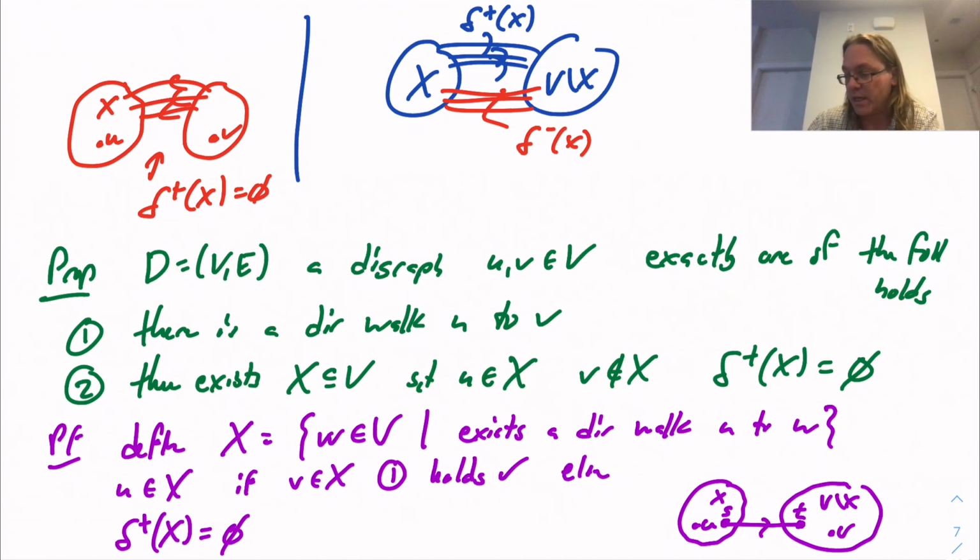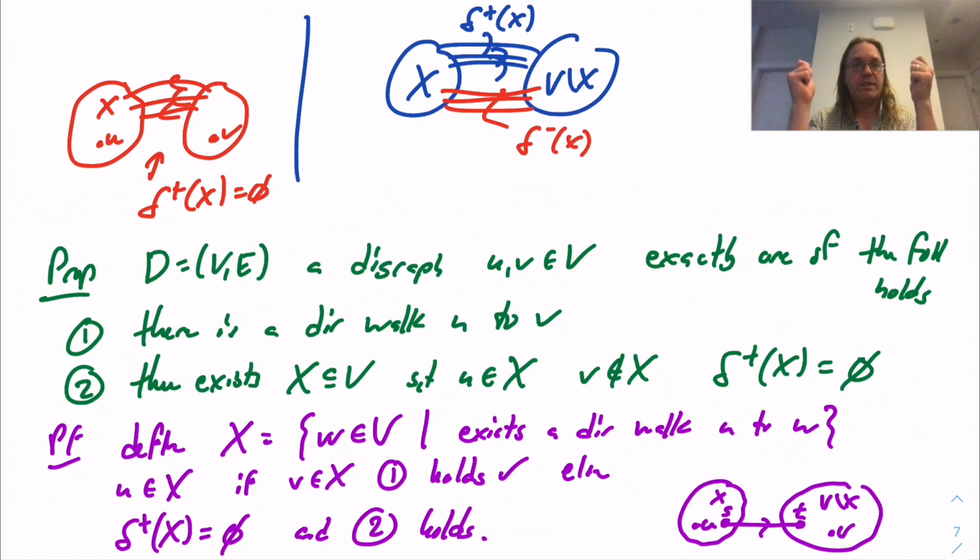So this means that if your vertex v is not lying in x, delta plus of x is empty, and that means that 2 holds. So that means that we get our second property here. Just as we had a number of connectedness properties from the last chapter, we do have a nice if and only if characterization of when you have a directed walk from one vertex to another.